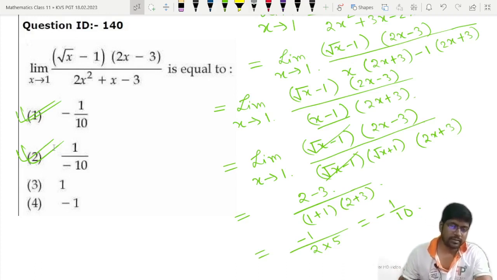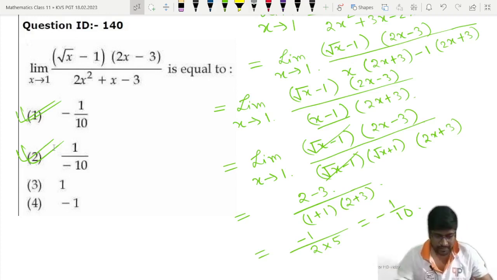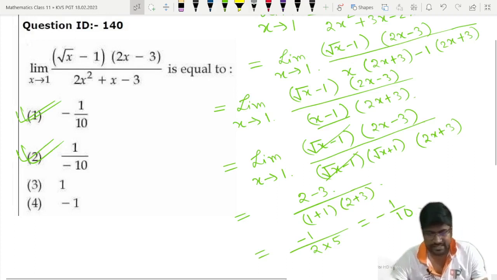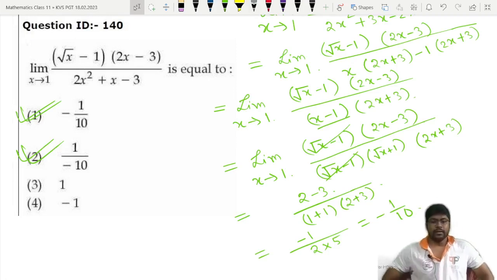So this was question number 140. Till now, what have we done? Let me summarize what we are doing in the videos. We have solved from question number 81 to question number 140. That means a total of 60 questions we have solved. Now 40 questions remain, question number 141 to question number 180.